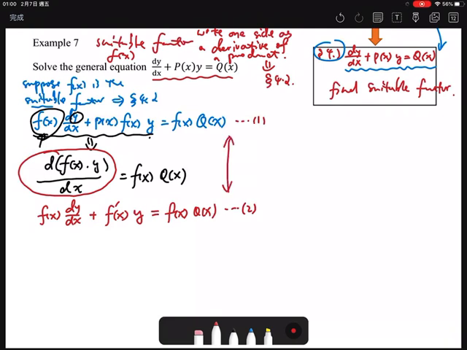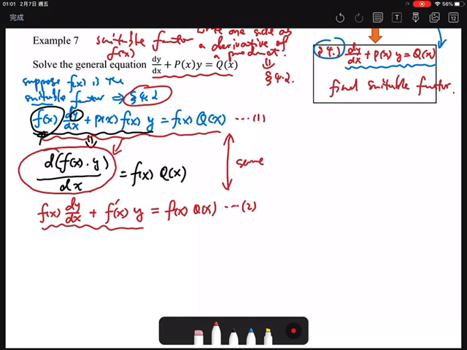These two equations should be the same, because if in equation 1 we multiply f(x) on both sides, it becomes the type of question in section 4.2, which means it can be written as the derivative of a product. If we use the product rule to simplify it, it becomes this pattern. So equation 1 and equation 2 are the same.